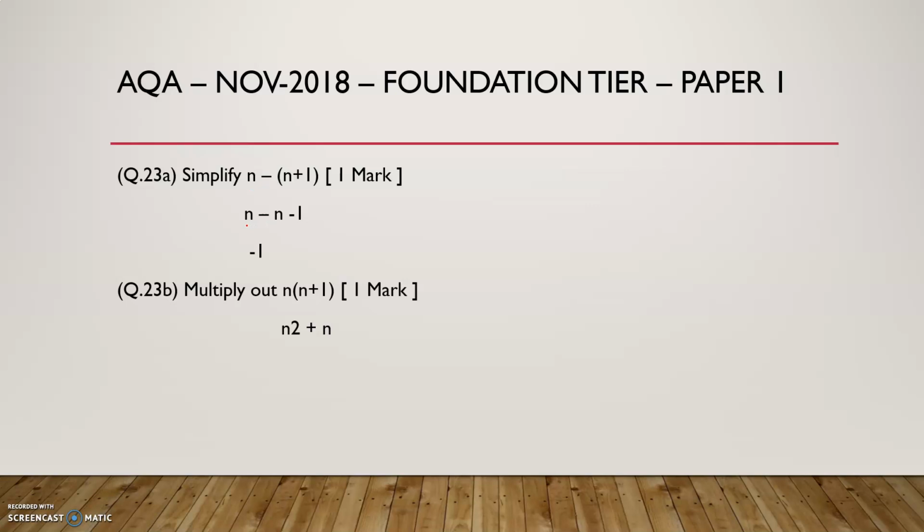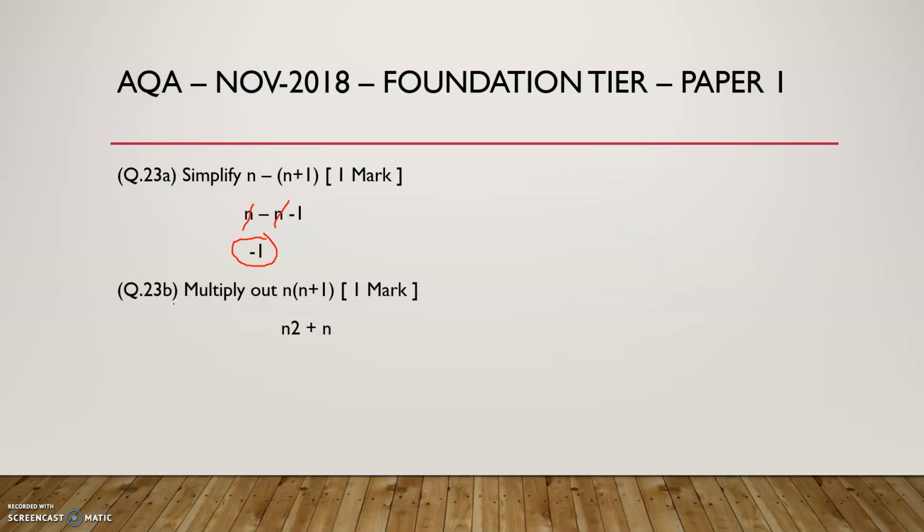So that will be n, and then that will be minus n. So if you take the bracket out, a negative times a positive would be a negative number. So that's n minus n minus 1. Now we can cancel this n with this n, and we are left with only minus 1.